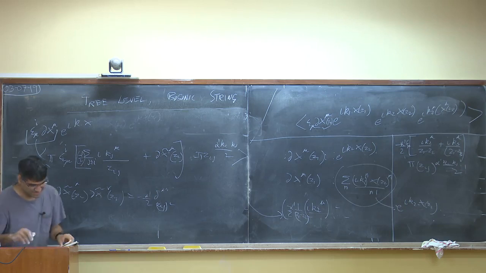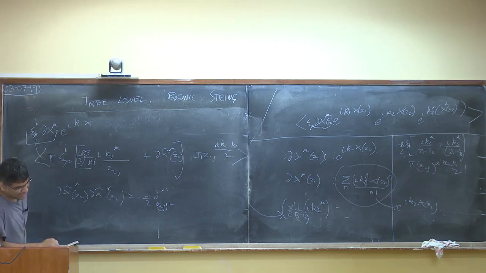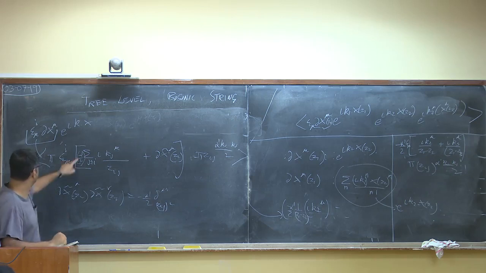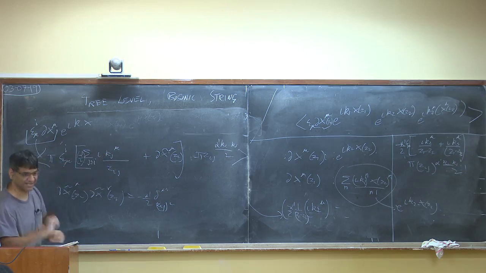Disk. Let's go back to, alpha prime k, minus i alpha prime by 2 k_i. Is that what we had? Minus i alpha prime by 2 k_i. Lovely.